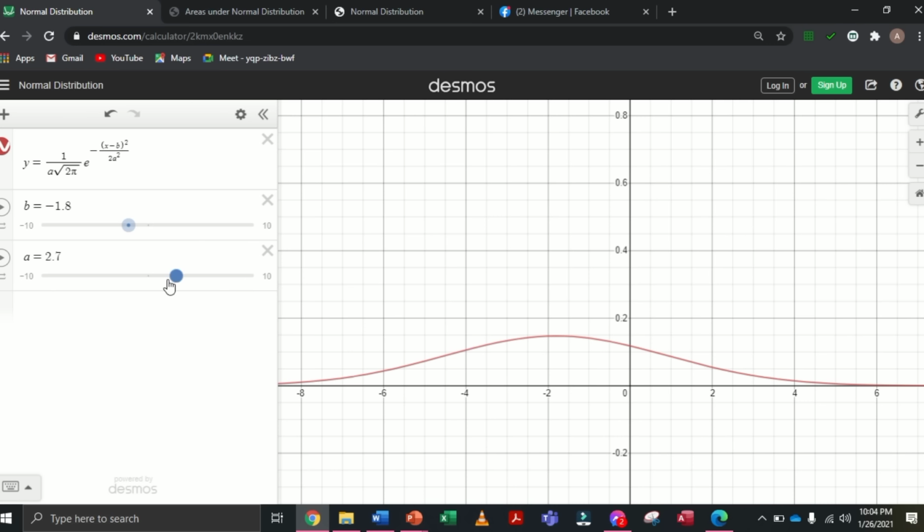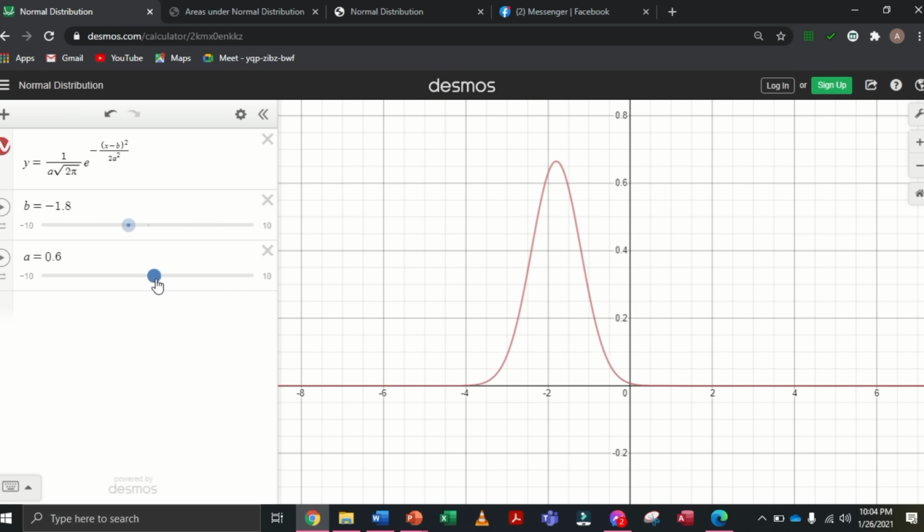Okay, pero kapag niliitan natin, tingnan nyo class. Kapag maliit yung value ng standard deviation natin, ayan, magiging ganyan yung graph natin. Yan yung pinapaliwanag ko sa inyo para makita nyo talaga na kapag malaki yung standard deviation, gumaganyan yung graph natin.